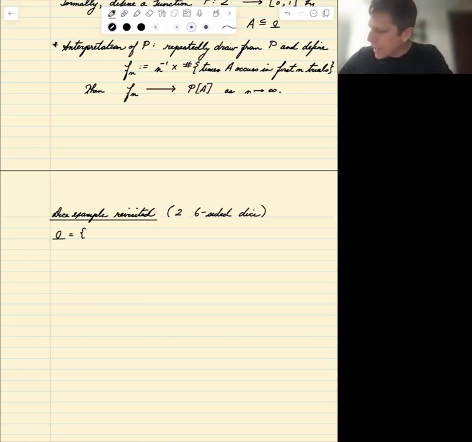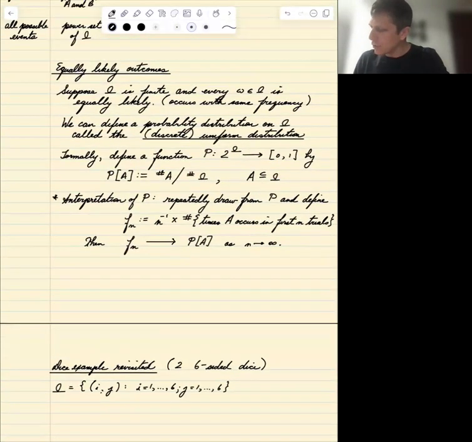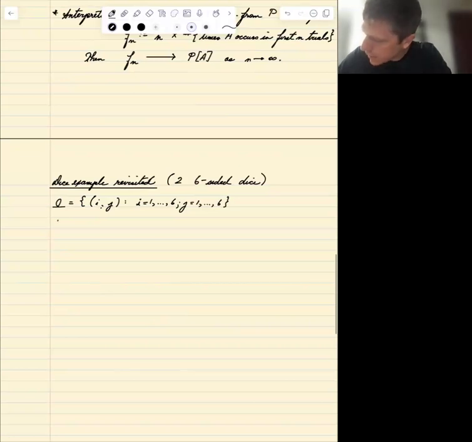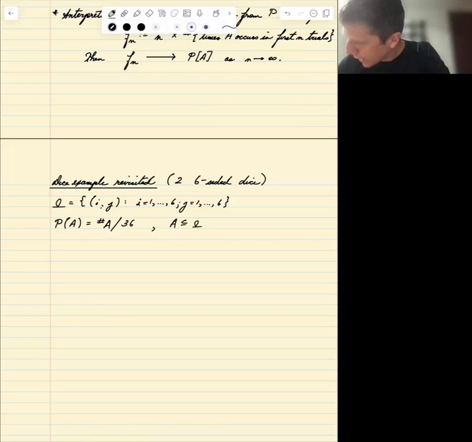Omega was pairs i and j, such that i is anything from 1 to 6, and j is anything from 1 to 6. Okay. So what does that mean in the context of the uniform distribution on these outcomes? We define P of A as the size of A divided by the size of omega, which is 36, for every possible subset of omega.